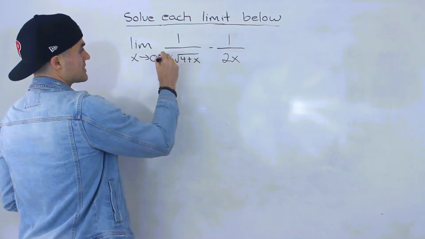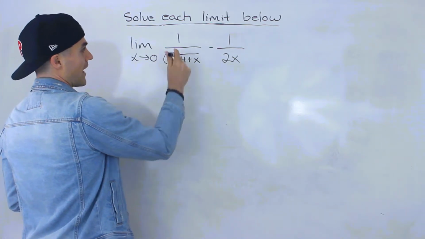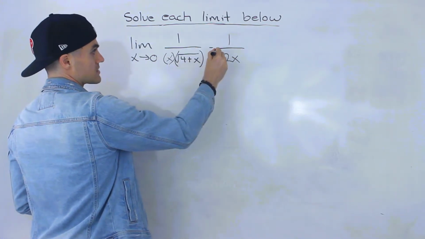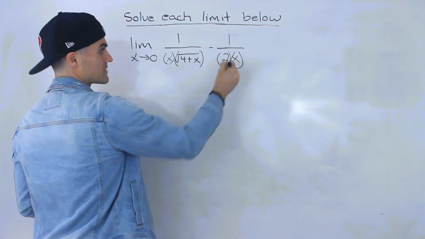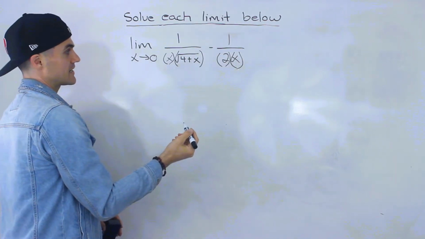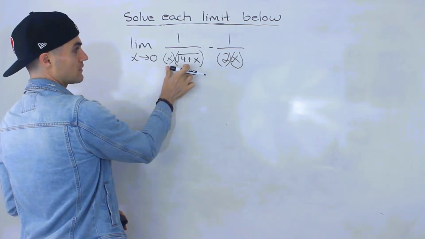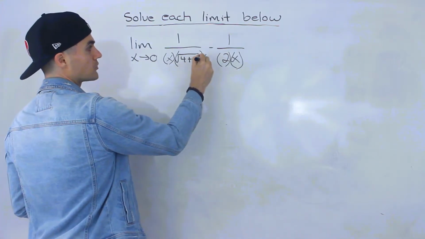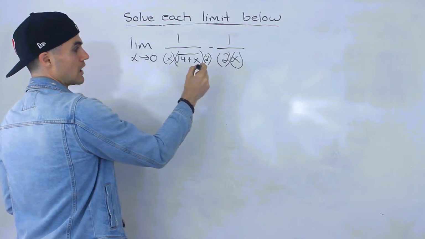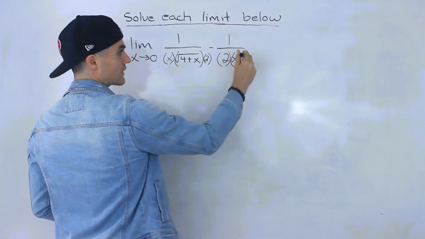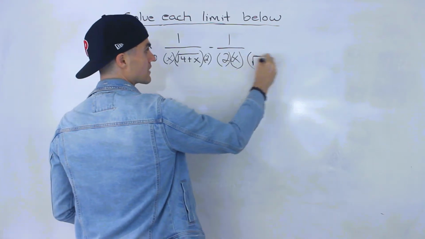So notice that we have these factors here. We have x, we have root 4 plus x, we have this 2, and then we have this x here. So to get a common denominator, this denominator we can multiply by 2. And then these two factors, we can multiply by root 4 plus x.